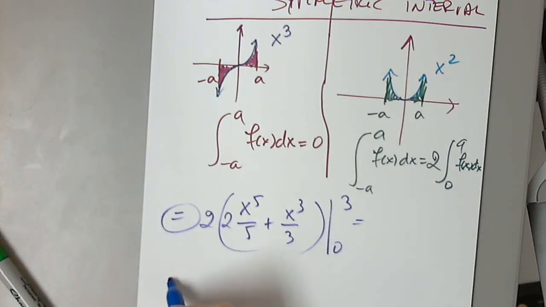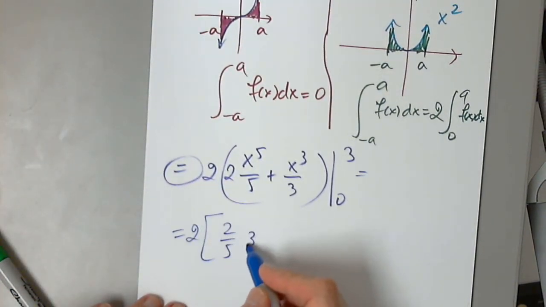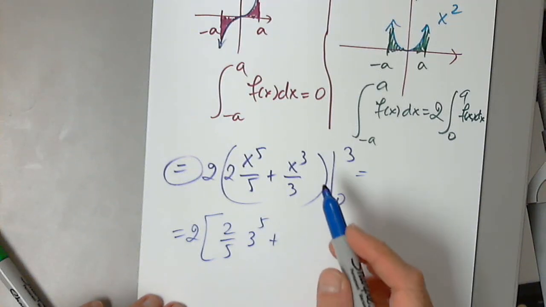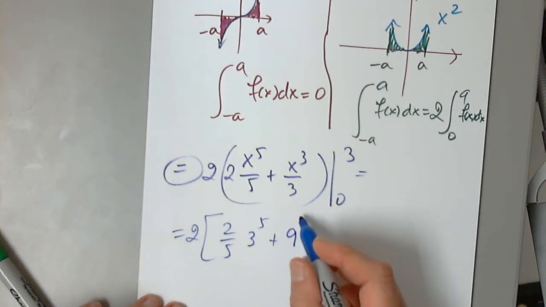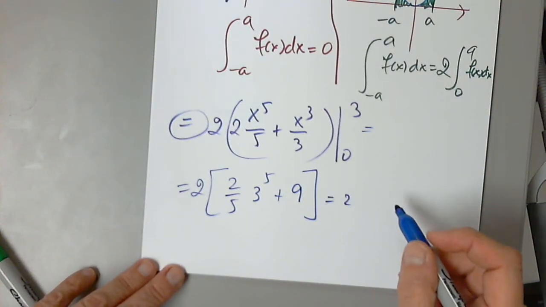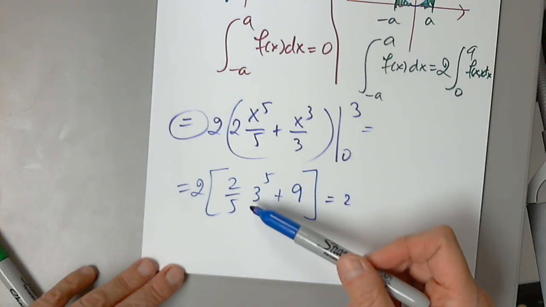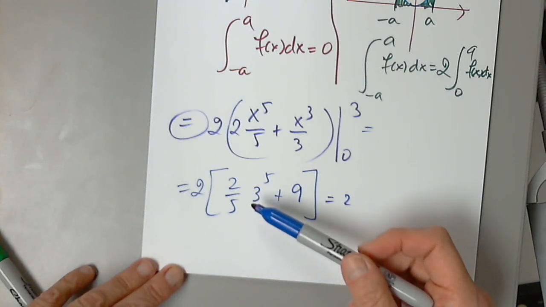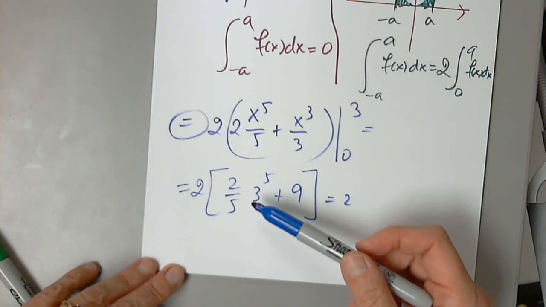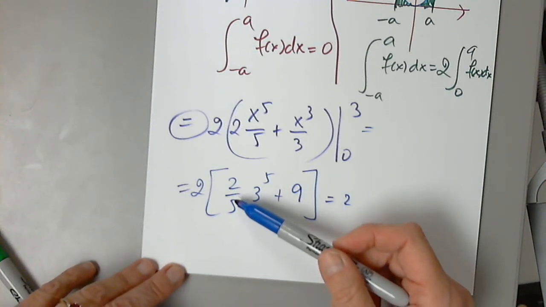We only need to plug in 3. So 2 times 3 to the 5th, plus 27 over 3, which is 9. So 3 to the 4th is 81. 81 times 3 is 243, times 2 is 486.